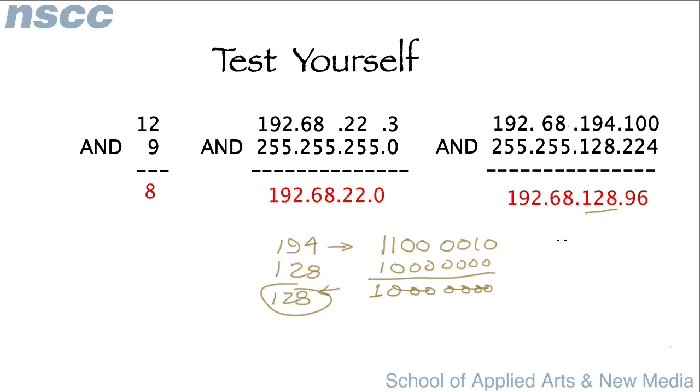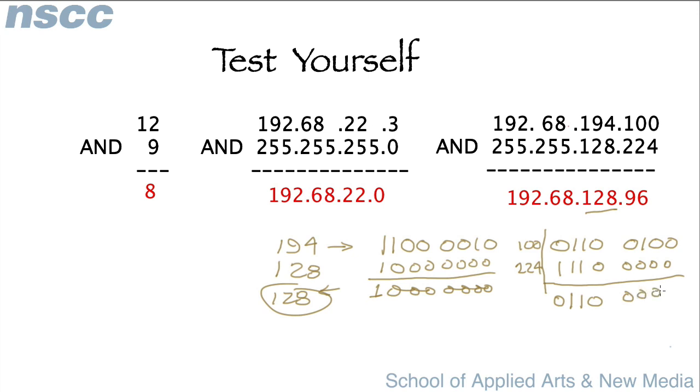For the next one, 100 is 0110 0100. So that's the number 100. And 224 has 3 ones and all zeros. So if we look at that and we're ANDing these numbers, we're going to get a 1, a 1, a 0, a 0, 0, 0, 0, 0.